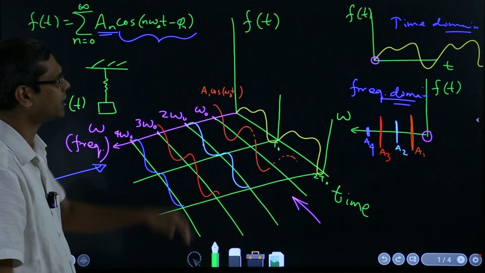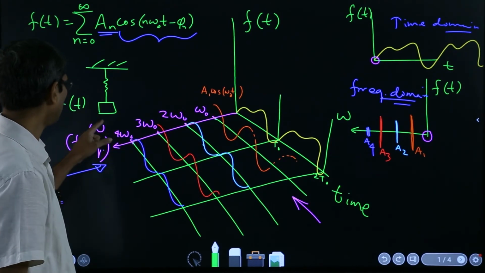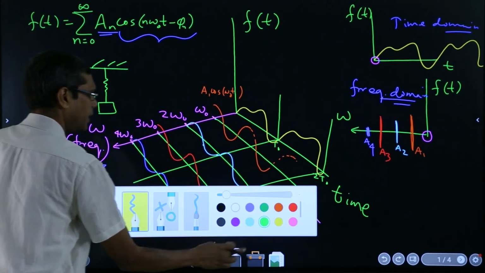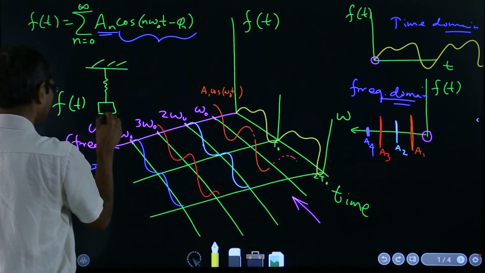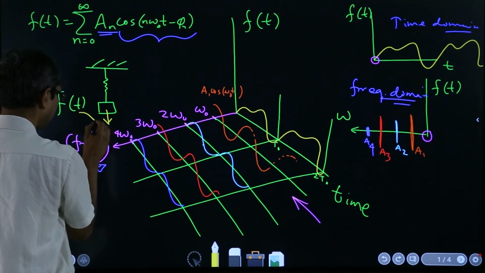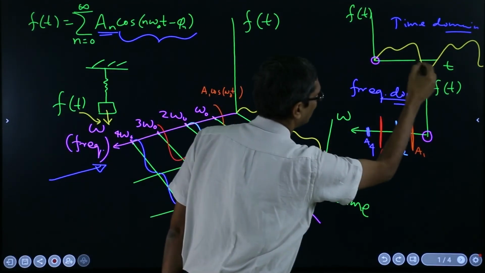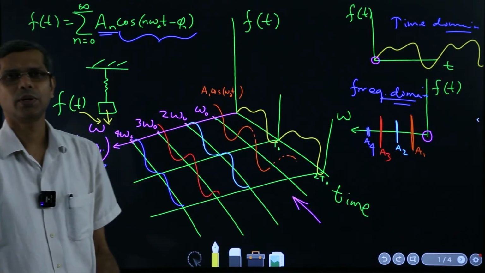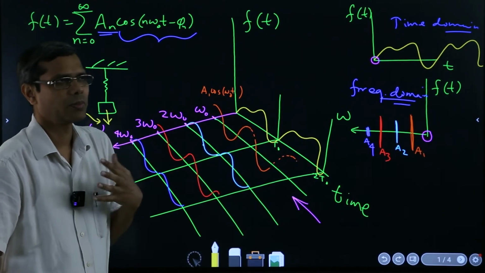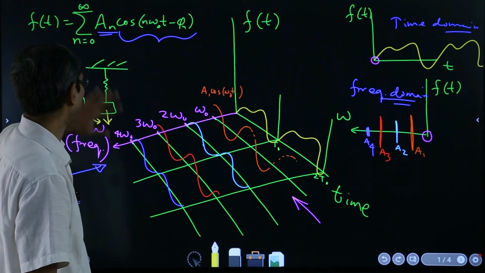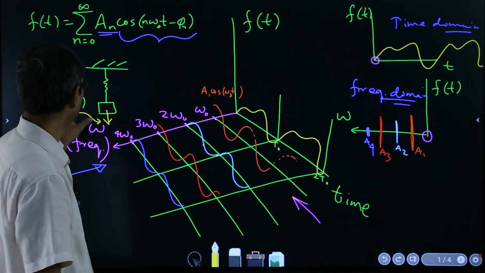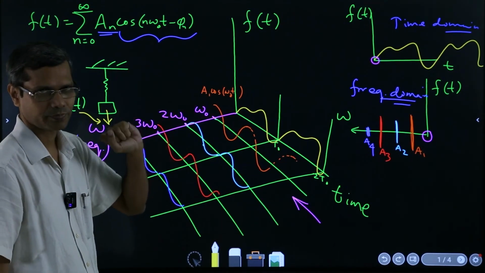When you think in the time domain, you are applying a force f of t which varies with time like this, and somebody asks how the response of the system will be when the force is like that.